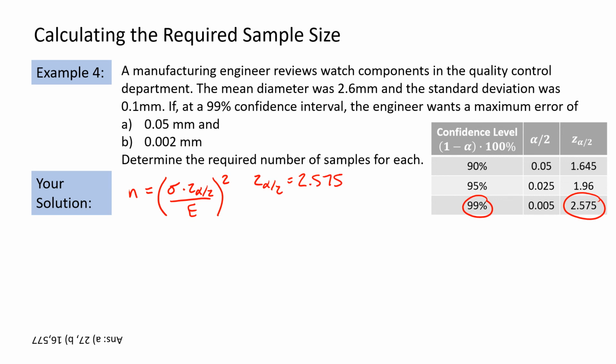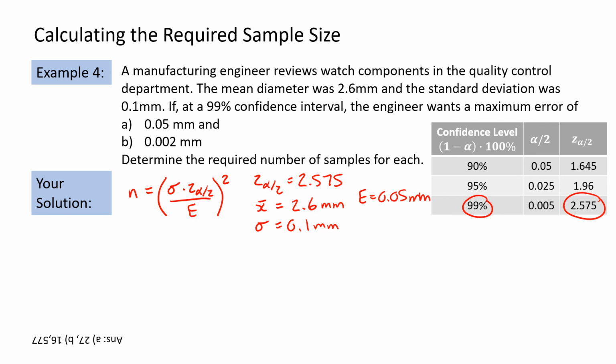That's for both A and B. Our mean, x bar, is equal to 2.6 millimeters, and our standard deviation is 0.1 millimeters. For part A, we want our maximum error to be 0.05 millimeters.